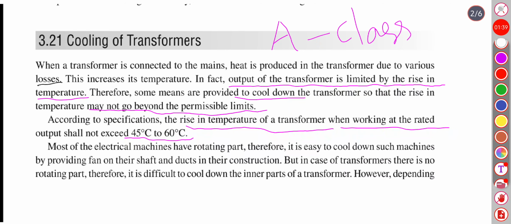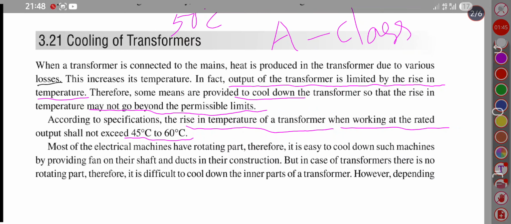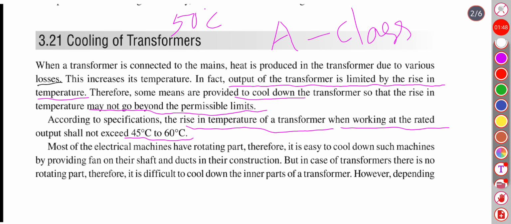Suppose ambient temperature in India is about 50 degrees centigrade in peak summer, and if we take the temperature rise maximum value 60 degrees centigrade, so the transformer temperature may go up to 110 degrees centigrade.